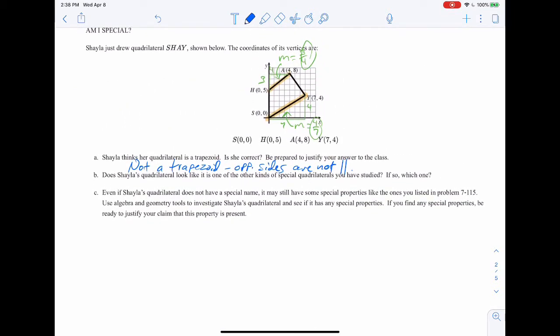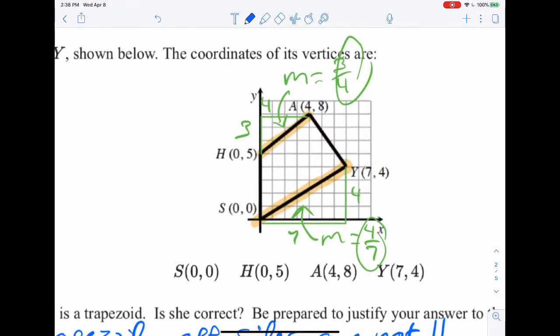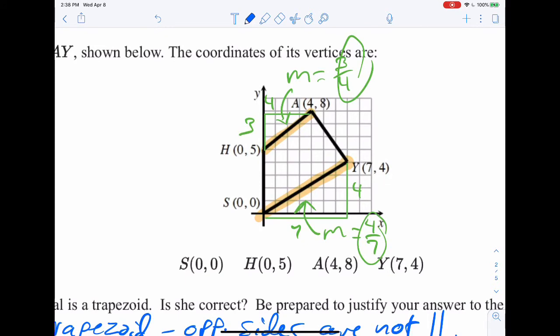On to letter C. Go ahead and read through letter C, hit pause, and then play when you've done so. Okay, might this have any other special properties? Might some of the sides be congruent, and might there be right angles?